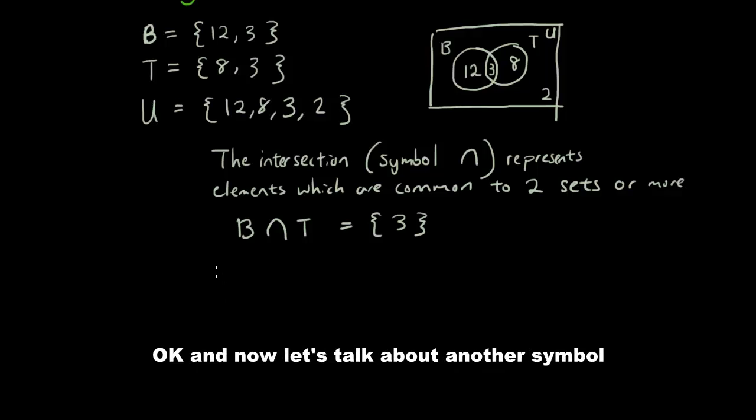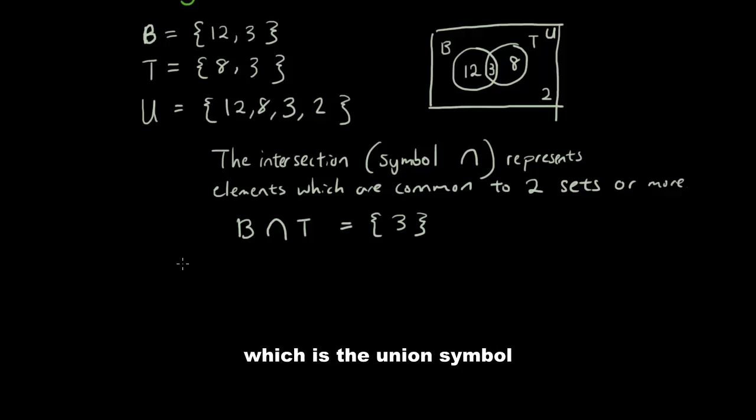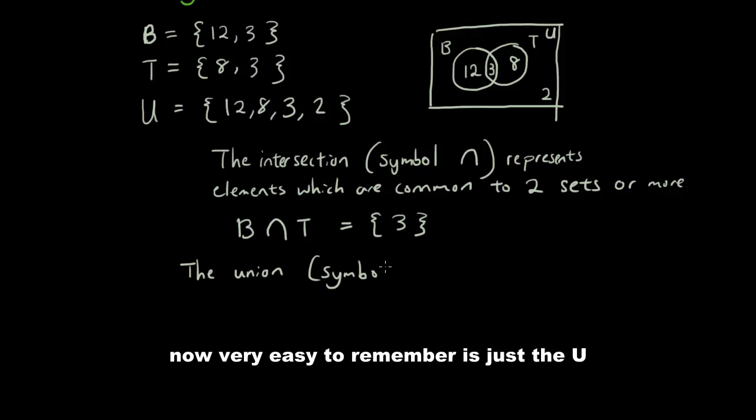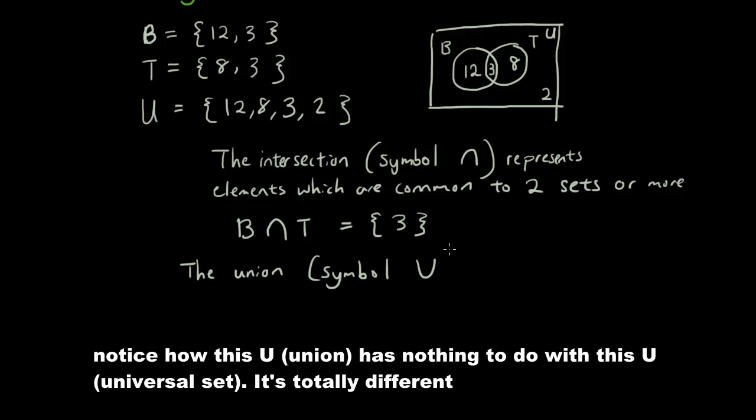Okay, and now let's talk about another symbol, which is the union symbol. The union symbol. Now, very easy to remember, it's just a U. Notice how this U has nothing to do with this U, it's totally different.